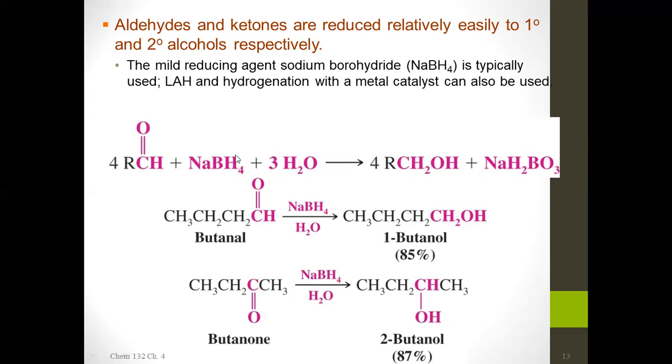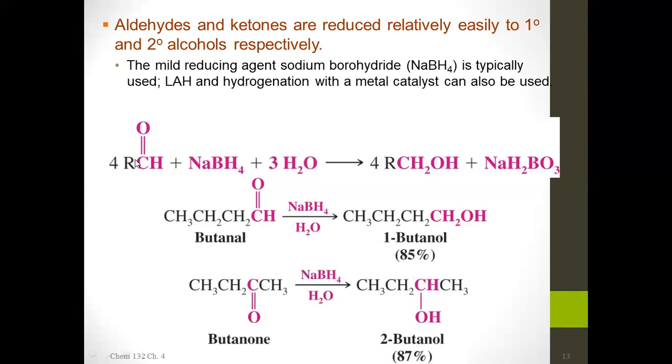So here it's a reducing agent, sodium borohydride and water. What you actually get here is this one, RCH2, H2, so the hydride will attack here, and another hydride will attack here, the carbonyl carbon, and once the hydride attacks here, the electrons actually will go here. We'll see later the mechanism. And so here, for example, this is the general reaction.